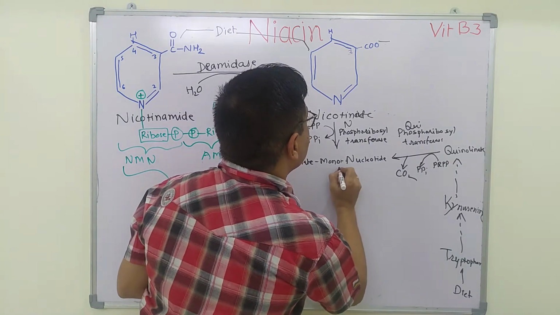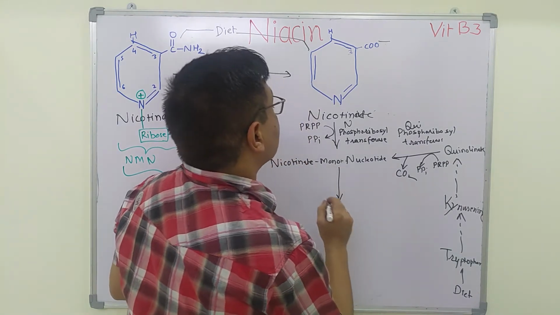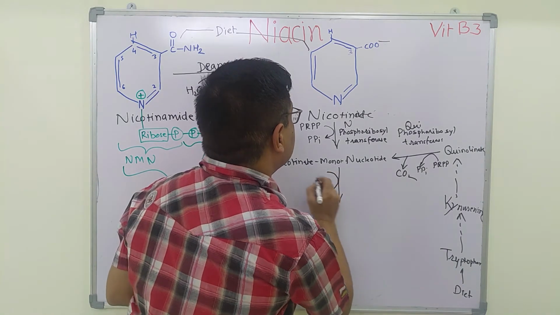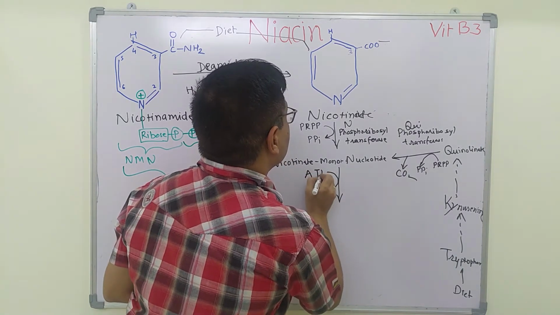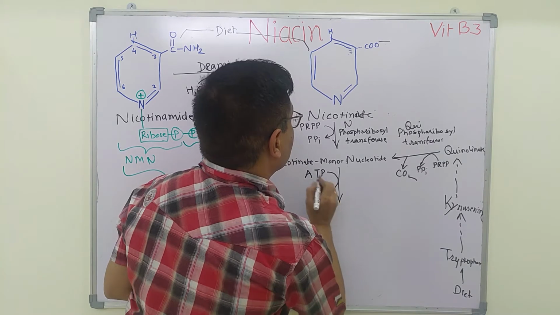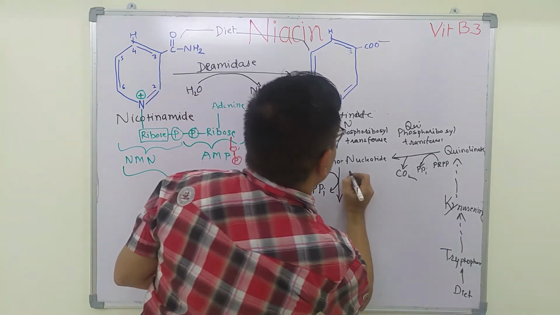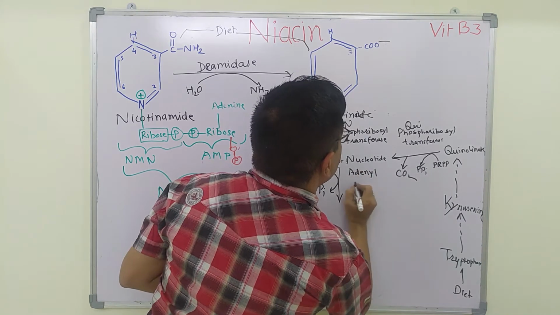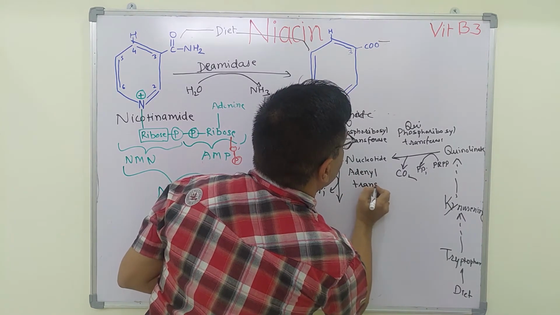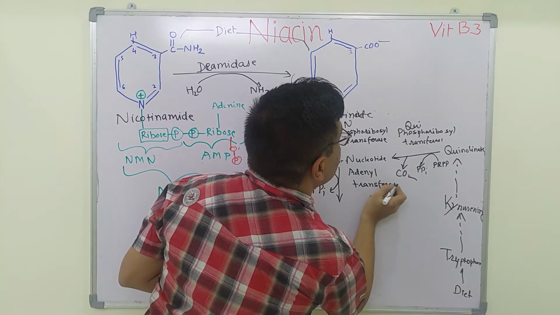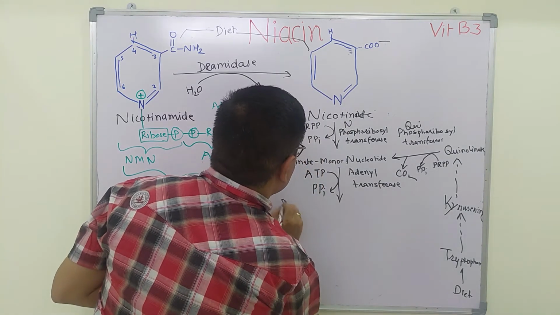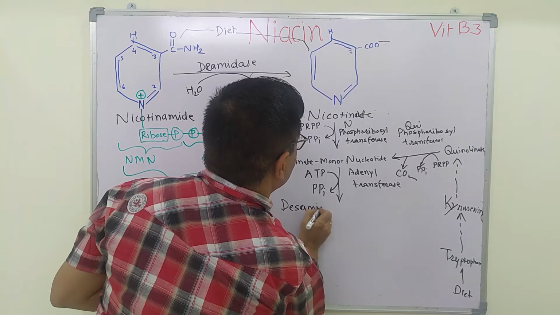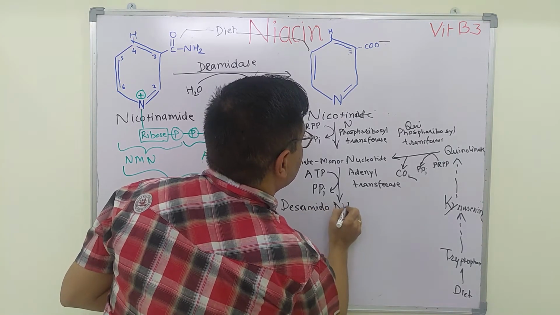Now this nicotinate mononucleotide accepts an AMP moiety from ATP with the help of adenyl transferase to form desamido NAD plus.